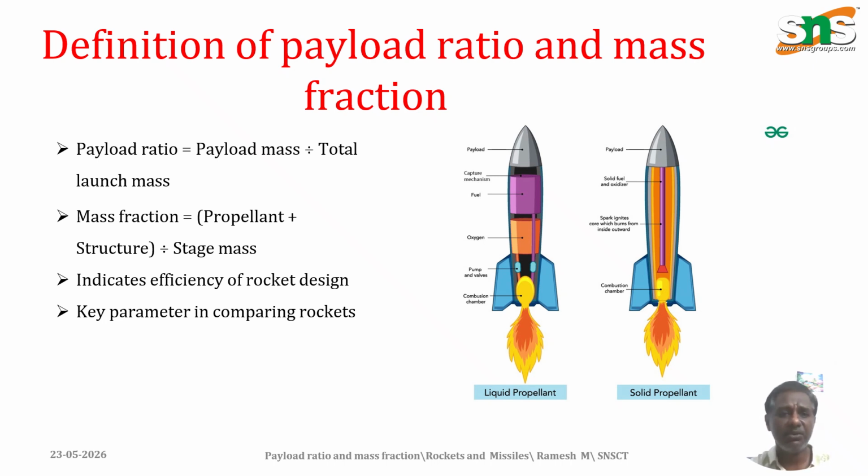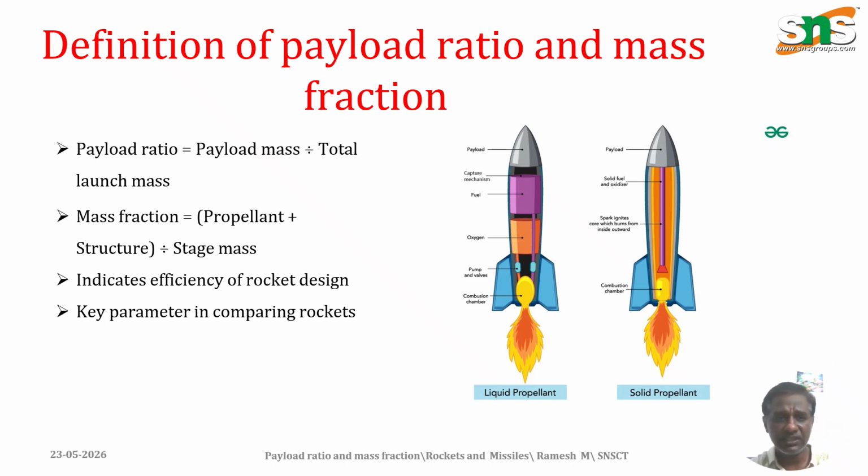A higher payload ratio means the rocket is capable of carrying more useful payload efficiently. However, in practical rocket systems, the payload ratio is usually very small because a major portion of the rocket mass is occupied by propellant required to overcome the Earth's gravity and atmospheric resistance.